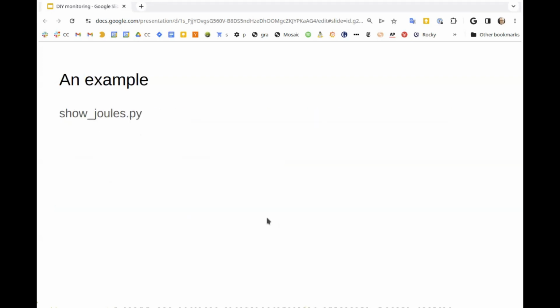I'm going to show you an example of a script I wrote. It was mainly to look at joule counters, which are exported by most modern processors now. Intel started it, and you'll see Intel mentioned on it, even though I'm going to be doing my demo on Narval.